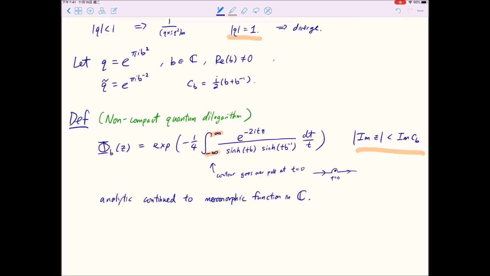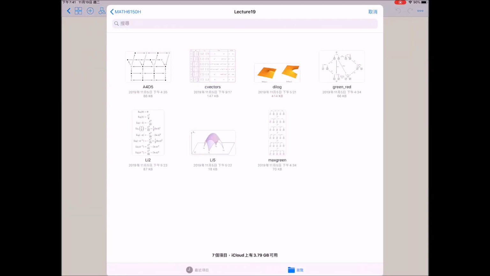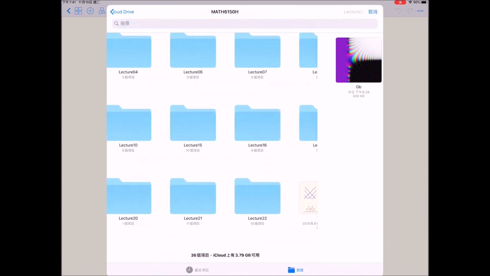Yeah, so we are actually interested in the case when b is real. In that case, we have a nice graph for that. I forgot what value of b it is, but let's say maybe 0.7, I think. So this is the graph for the quantum dilogarithm function. What is the meaning of this graph? This is one way to draw complex functions on a complex plane.